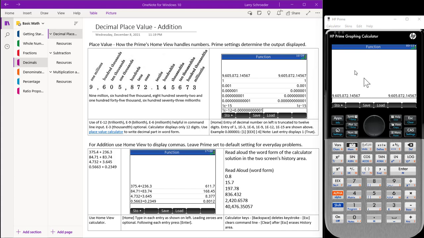Let's practice these on our calculator. 1, enter. 1, enter exponent, negative sign, 3, enter. 1, enter exponent, minus sign, 6, enter. 1, enter exponent, minus sign, 9, enter. 1, enter exponent, minus sign, 12, enter. 1, enter exponent, minus sign, 15, enter.